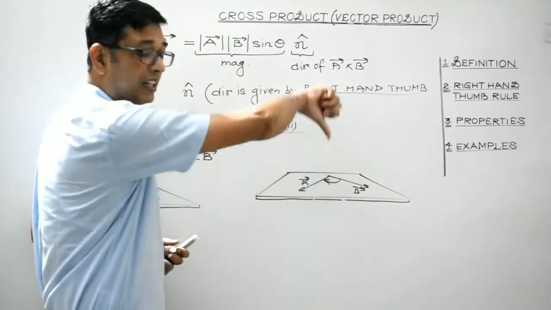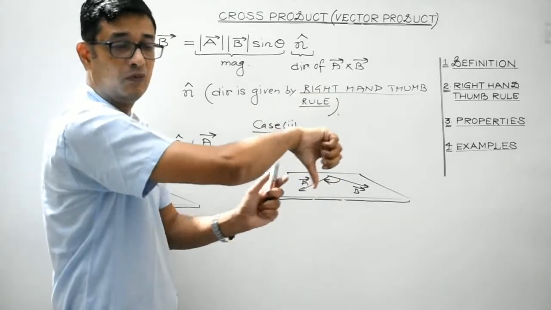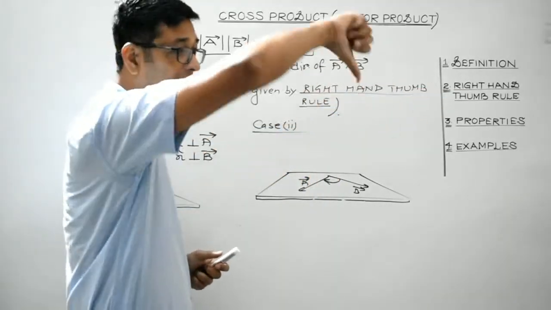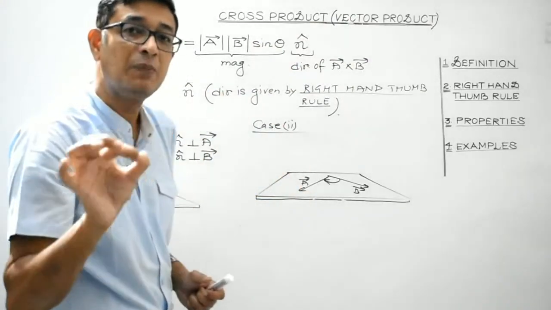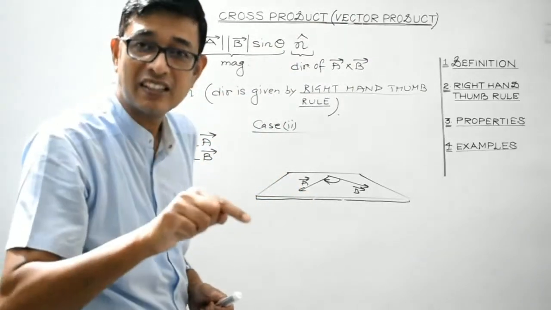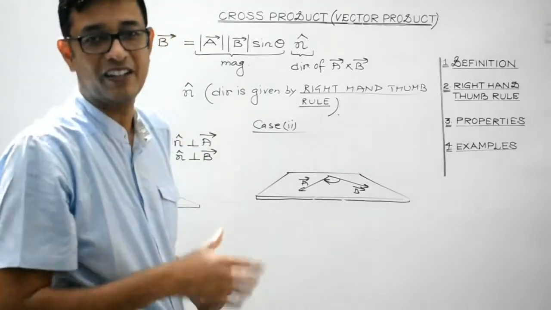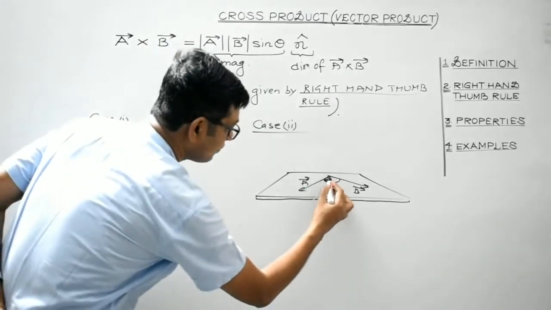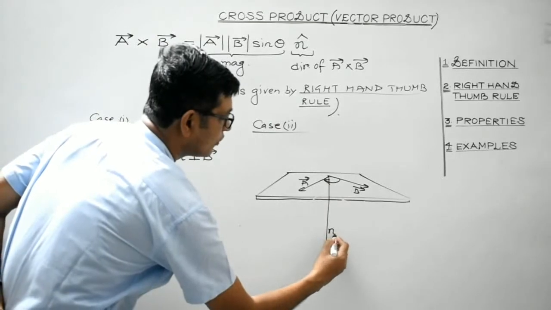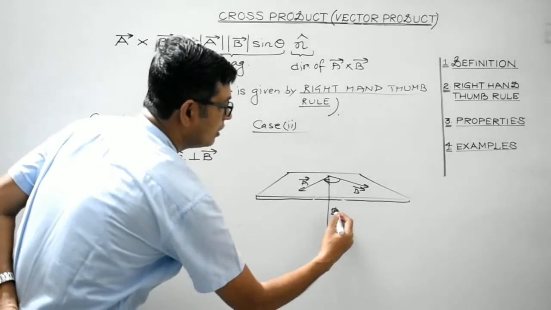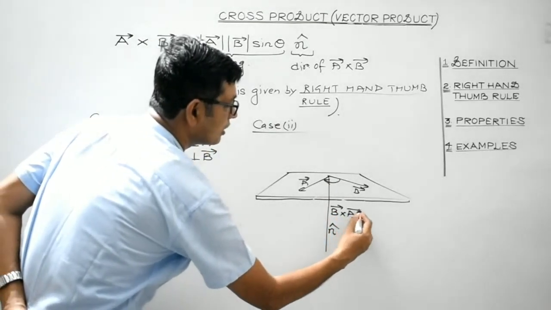So the thumb is pointing in the downward direction. The thumb, which will be perpendicular to the horizontal plane and in the downward direction, will represent n cap, which in this case will represent the direction of B vector cross A vector, right? So this will be the direction of n cap, which will be B vector cross A vector.